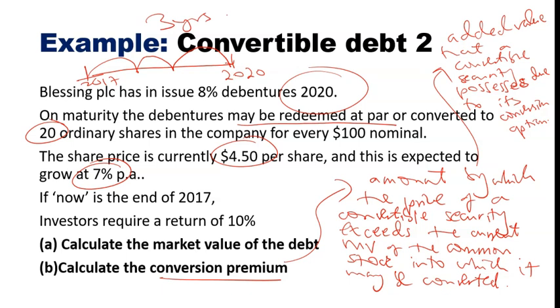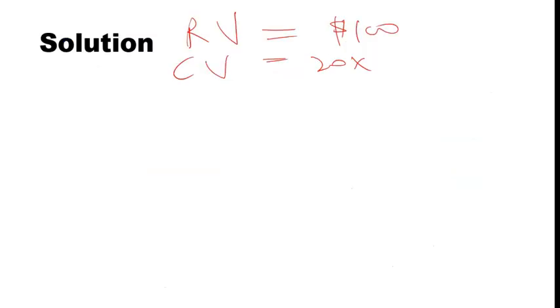So obviously we come here and say multiply by $4.50, which is the current market price, and then the growth rate, 1.07 to the power 3. This shall give us about $110.